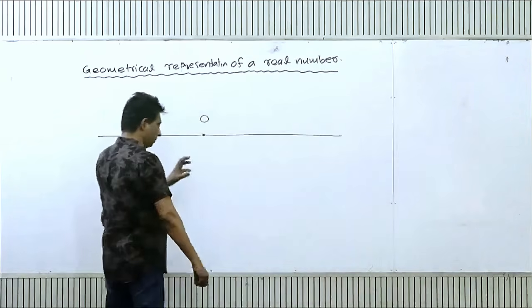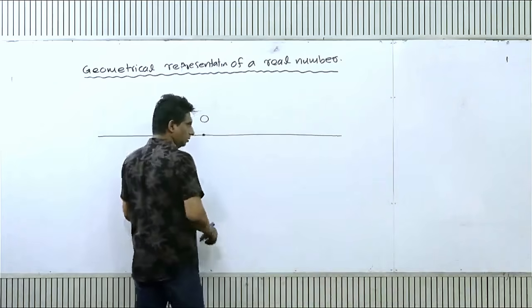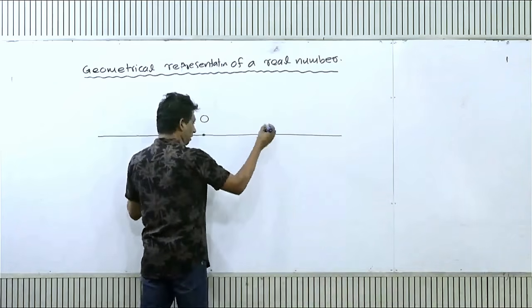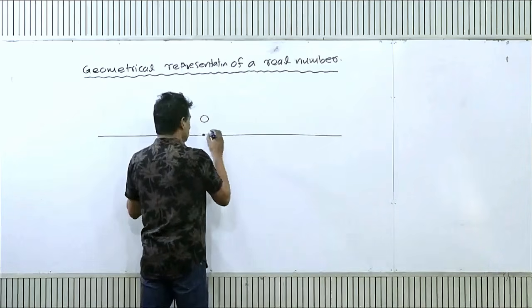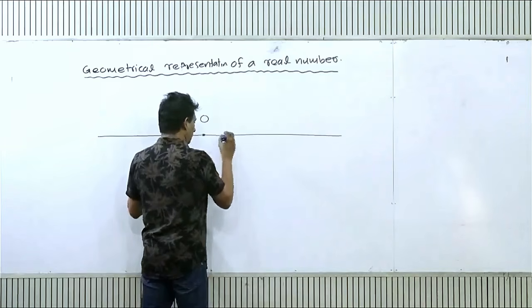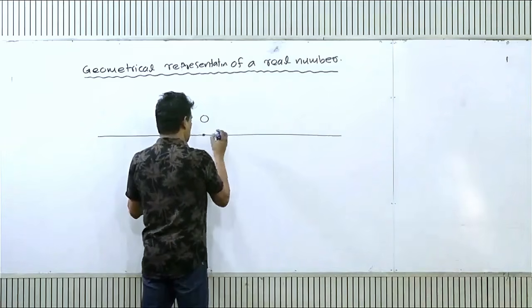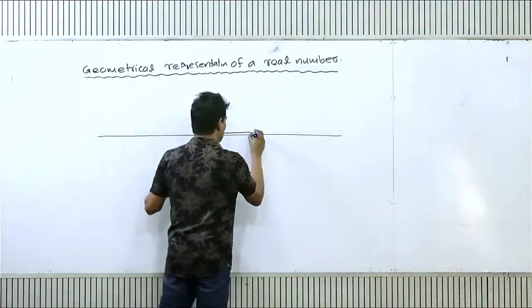Then that's happening this way, right? We can mark any point at any distance from this dot. Let's think.